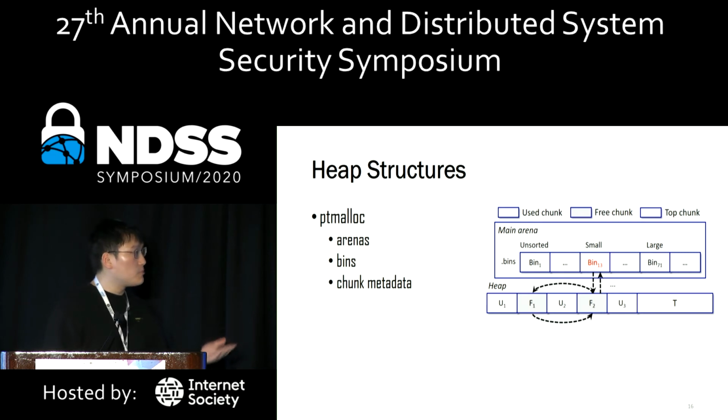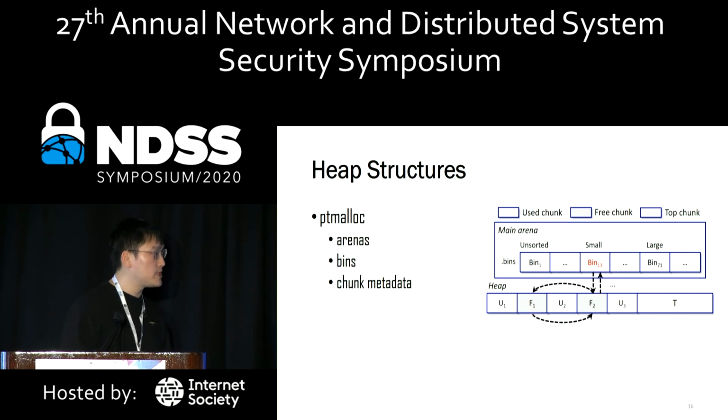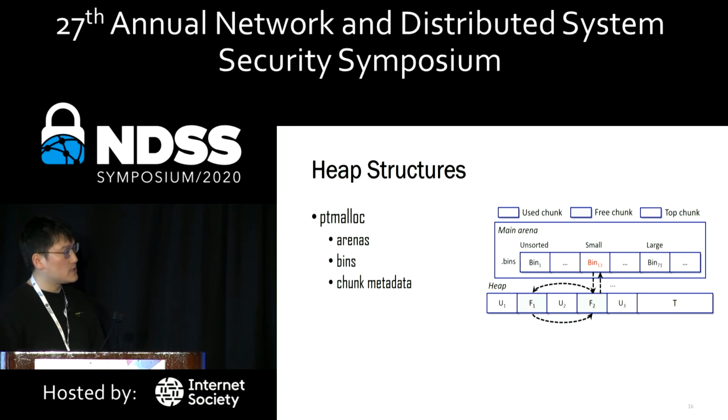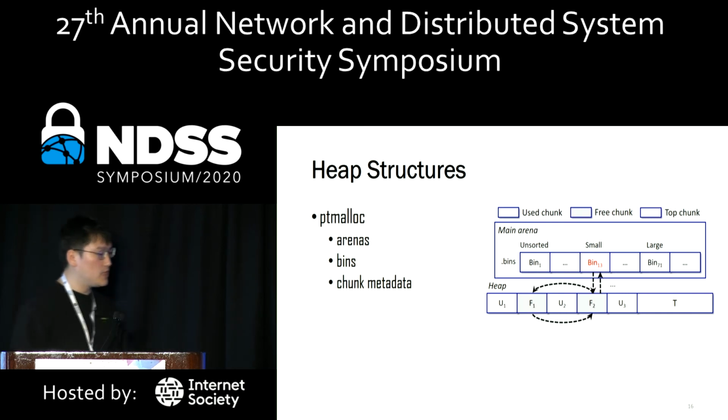The second module is the heap module, which tries to detect all the heap metadata residing in the memory space. Taking ptmalloc as an example, which is a commonly used allocator, it includes several key components for managing dynamic memory allocation, including arenas, bins, and chunk metadata, which indicates the status of the chunk.